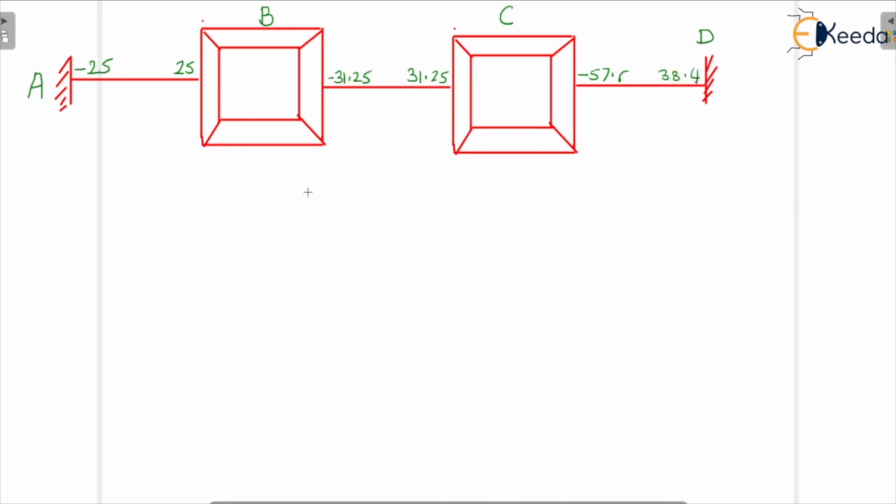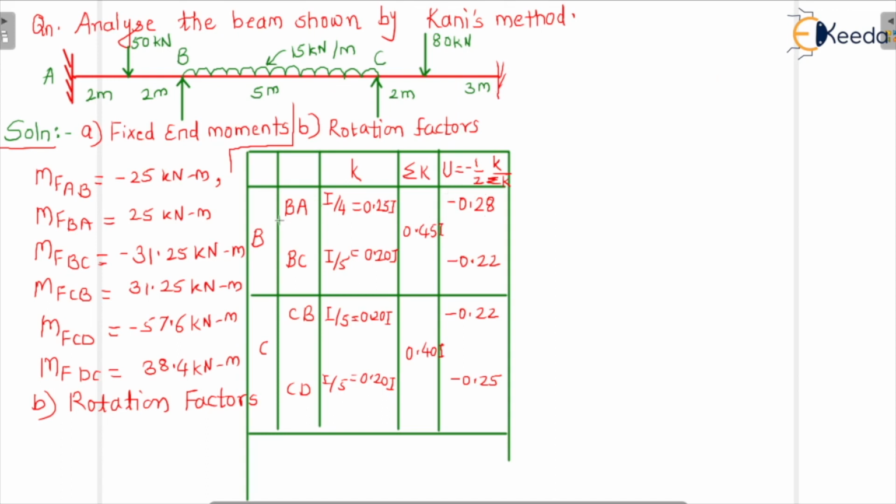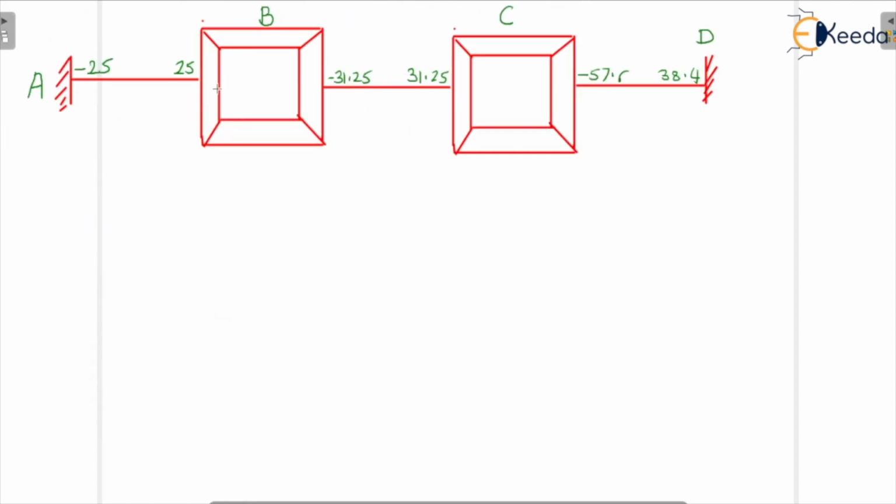Okay, now let us write down the rotation factors. Let's see the values. For BA it is minus 0.28 and it is minus 0.22. So 0.28 we should write it here.